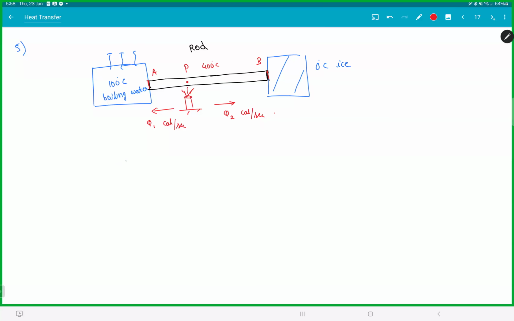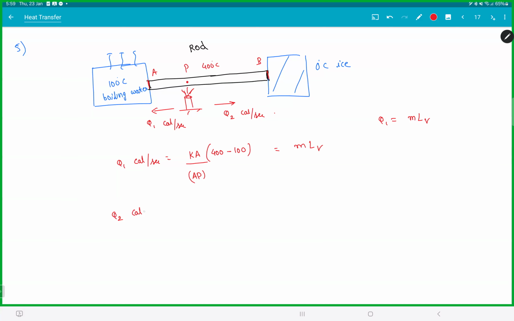Now we know Q1 calories per second, that is heat flow per second, is K A temperature difference by length. The temperature difference will be Tp, that is 400 minus 100 degree, for the boiling water, by length AP. And what is Q1 equal to? Q1 is boiling water, so M into latent heat of vaporization.